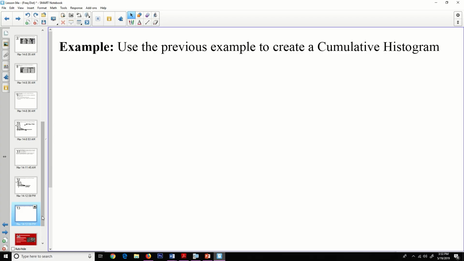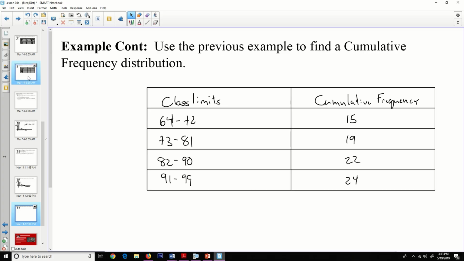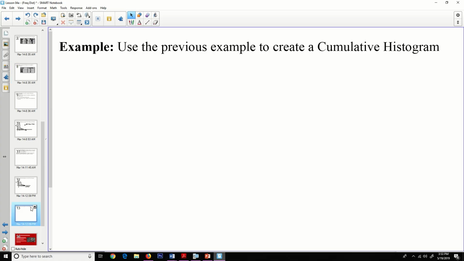And finally, we're going to do the cumulative histogram. We'll use this cumulative frequency distribution, and so the tops of our bar graphs will be these values right here.